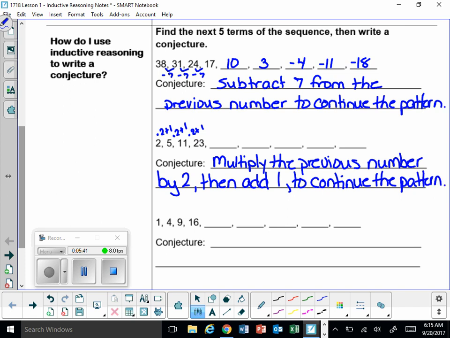Alrighty, so 23 times 2 is 46, plus 1 is 47. 47 times 2 is 94, plus 1 is 95. 95 times 2 is 190, plus 1 would be 191. At this point, I'm going to break out the calculator. 191 times 2 is 382, plus 1 is 383. 383 times 2 is 766, plus 1 is 767.